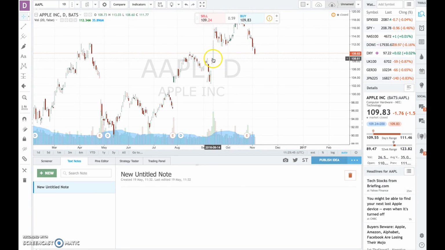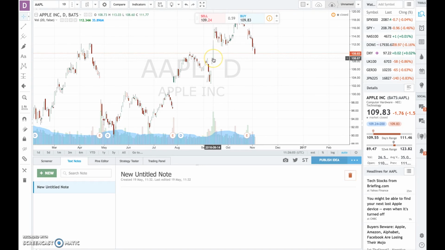And basically the way we describe it here is that the thick part of this line, which is called the candle, indicates the open and the closing price of this stock on this particular day.